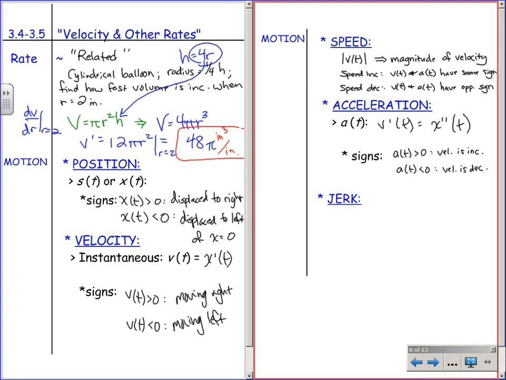What's jerk? Third derivative. So that would be x triple prime. The rate of the rate of the rate of change of position. Or the rate of change of the rate of change of velocity, or the rate of change of acceleration.